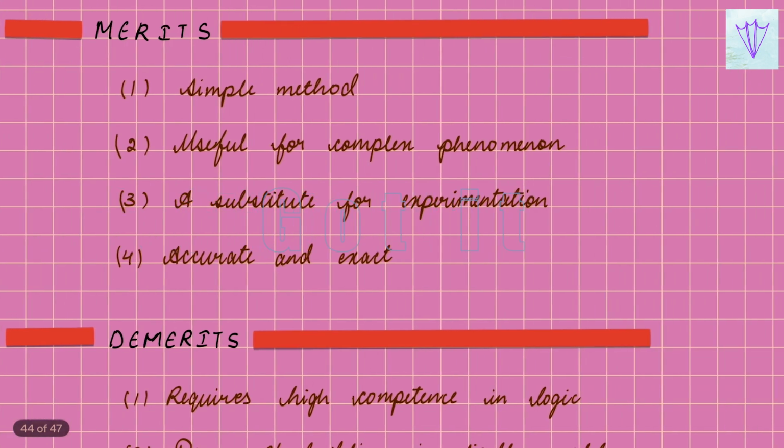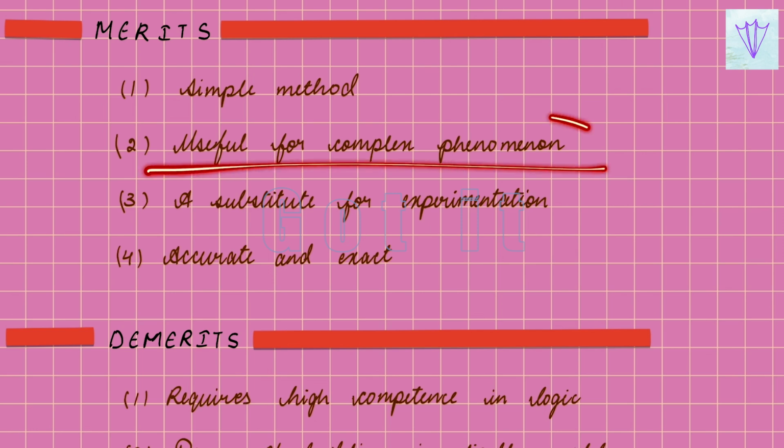Now the merits of this method. It is a simple method because deduction is extremely simple. From a few basic facts of human nature, a number of inferences can be drawn by logical reasoning, and it is useful for complex phenomena. It is useful in analyzing complex economic phenomena where cause and effect are inextricably mixed.